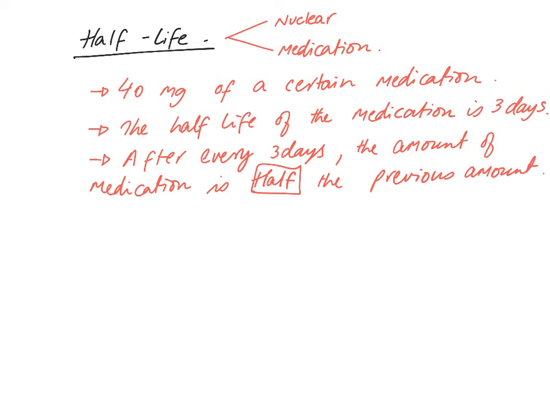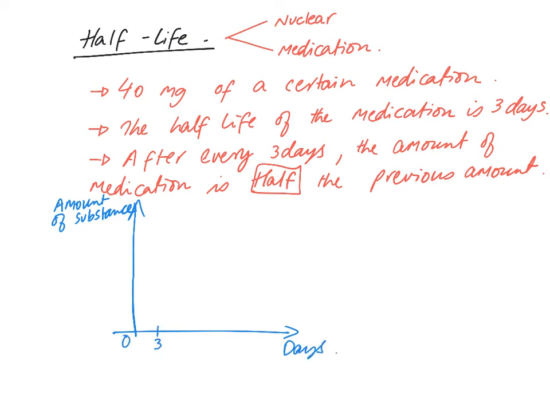So check it out. If I were to plot this graph, let's put amount of substance and days. So zero, because it's 3 days factors, let's put 3, 6, 9, 12, 15.